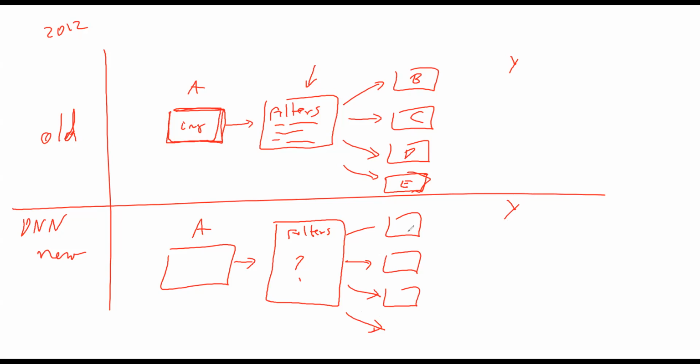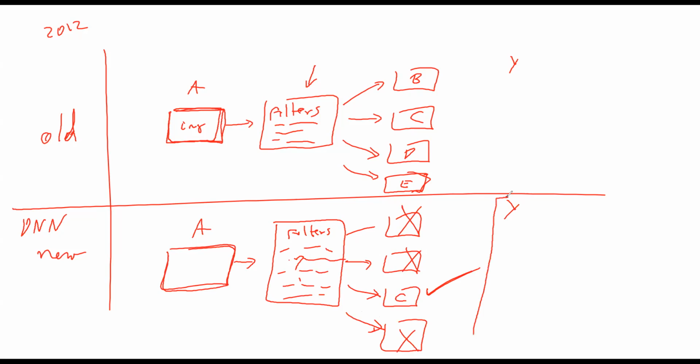It'll create all these filters kind of randomly, but it'll learn that this one doesn't work, this one doesn't work, but this one works. So the algorithm starts to fill in the filters that transform A into C. Why does it choose C and not the other ones? Because you have the labels, and you know that whenever you use the filter that gives you the C transformation, you get better results than with the other ones. Does that make sense, guys?